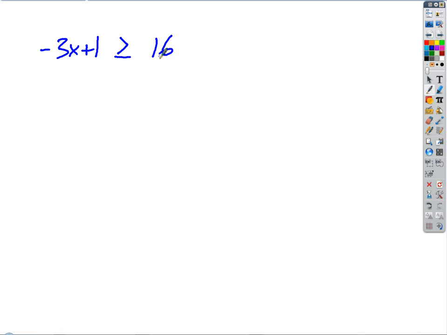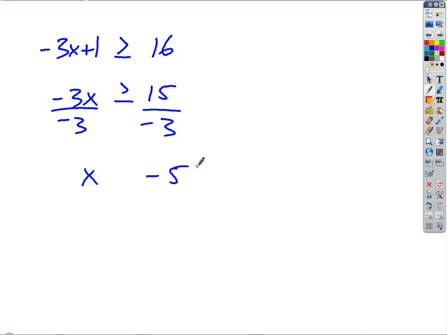Okay, so let's go through these step by step. First I subtract 1, that's going to give me a -3x on the left. What's it give me on the right? Now I'm going to divide both sides by -3, and that gives me an x here and a -5, but what do I have to remember?